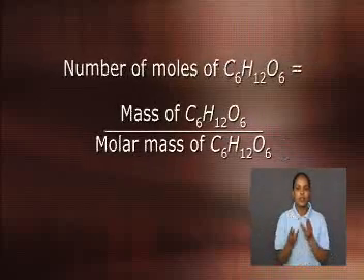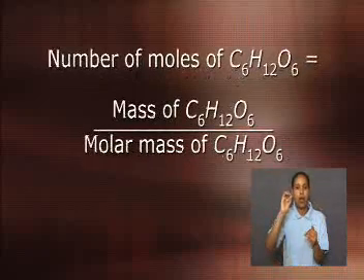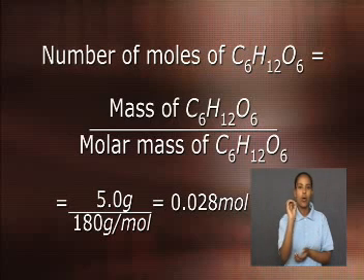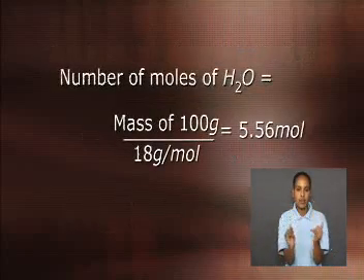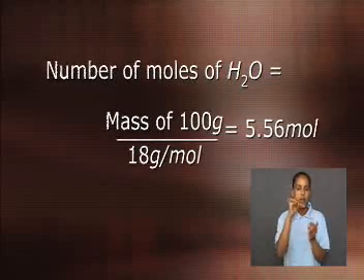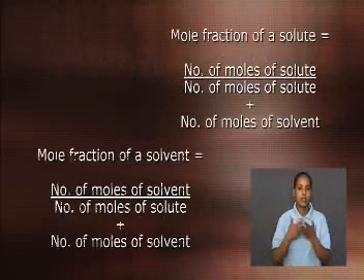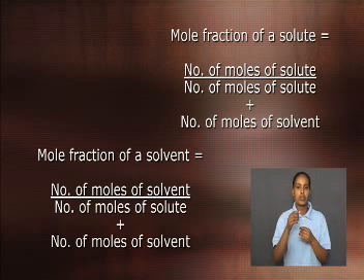The mass of glucose divided by the molar mass of glucose equals 0.028 moles. The mass of water divided by the molar mass of water equals 5.56 moles.